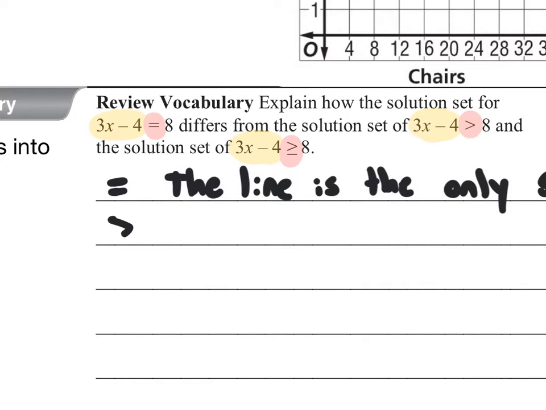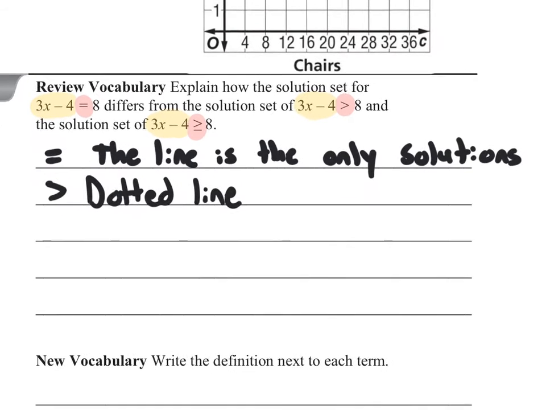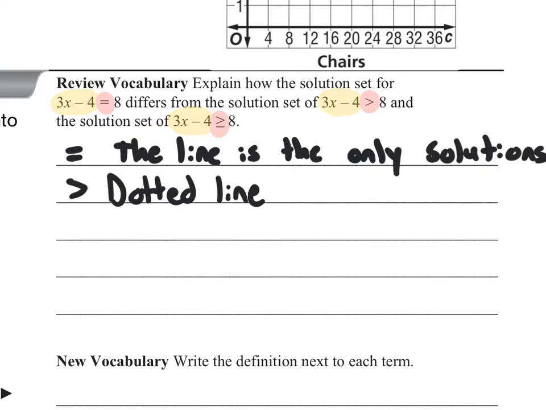If we have this greater than, though, we're going to see that that's a dotted line. And what the dotted line is going to mean is that the line doesn't count as solutions, right? But that greater than is going to tell us to shade above. So any points above the line are the solution. Because when we make inequalities, we're going to see that they are lines with shadings to encompass all the possibilities that work.